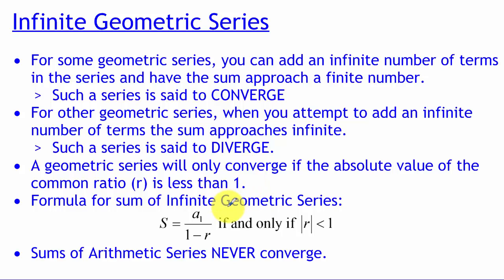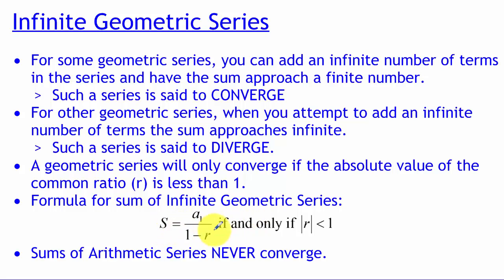The formula we can use to calculate the sum of that infinite number of terms is given here. We're taking the first term and dividing it by 1 minus the common ratio. In the last tutorials we had S sub n, where n was the number of terms we're adding up. In this case we're not putting a number there, it would be infinity.